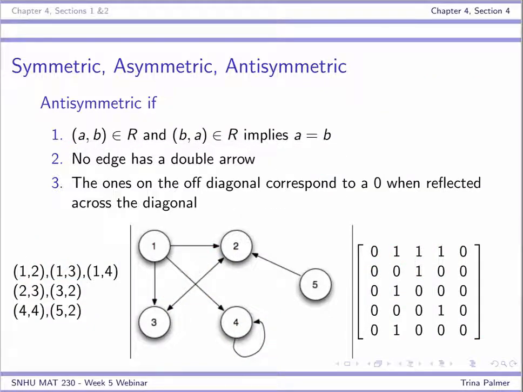Alright, antisymmetric and transitive, the last two, tend to cause the most problems, so maybe we'll spend more time on these two.